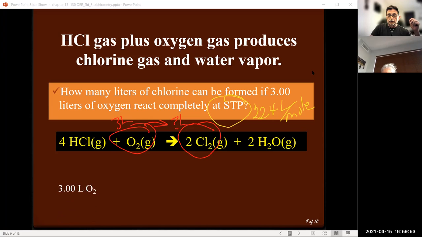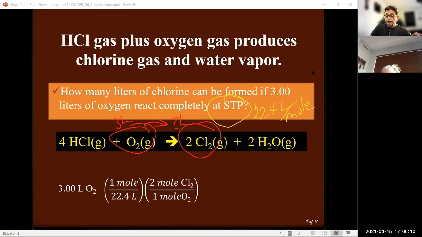All right, so we write down what we're given. That's 3 liters of O2. We are at STP, so we can use our factor there to get us out of liters into moles. And then from the balanced chemical equation, it's a ratio of 2 chlorines to 1 oxygen, 2 to 1.